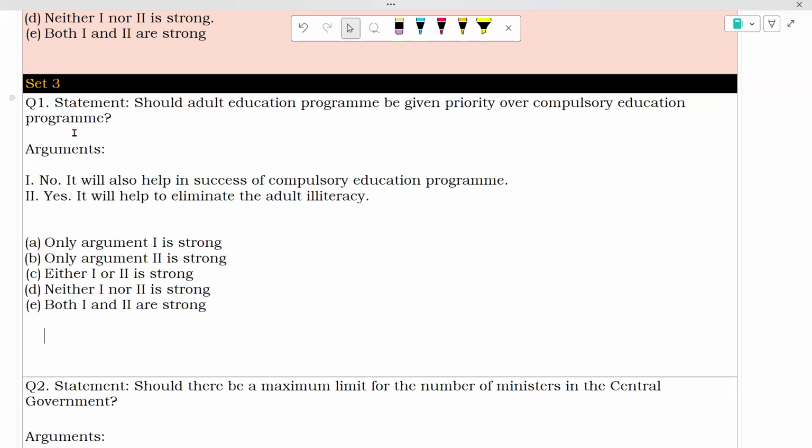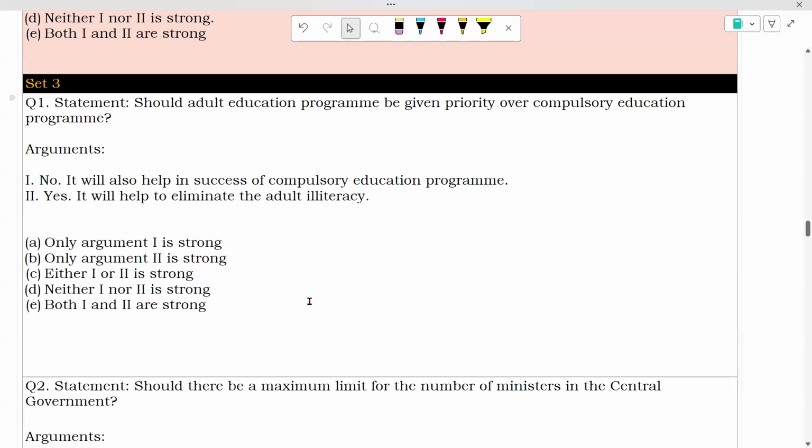It is assuming that if you focus on adult education program, the compulsory education program will have some loss. Then the second logic says, yes, it should be given priority. It will help to eliminate the adult illiteracy which is there in our country.